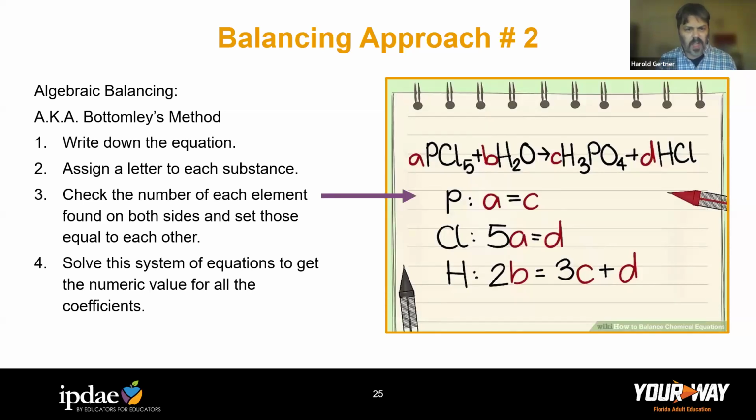Basically you write down the equation, assign a letter to each substance, so each unique molecule essentially, and then check the number of each element found on both sides and set those equal to each other. And then you have to solve this system of equations, right? So a bit more advanced than even some of the algebra students. Well, I mean, we do have to solve a system of equations.